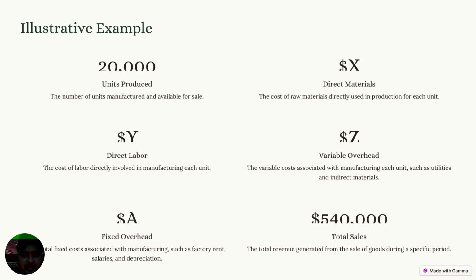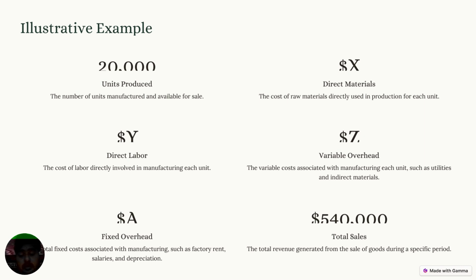Here is an illustrative problem. The number of units of production available for sale is 20,000. Direct material is X. The cost of the labor directly involved in manufacturing each unit is Y. Variable overhead is Z. The total fixed overhead we can estimate as $8. The total revenue generated from the sale of goods during a specific period is 540,000.